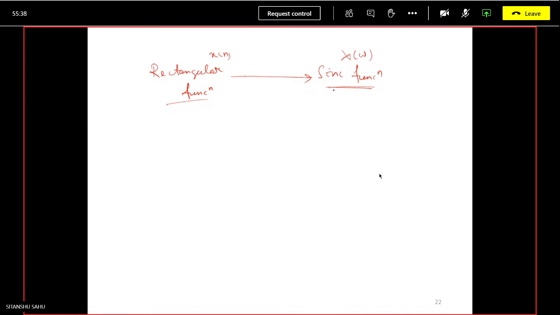And if it is a sinc function in the time domain, in the frequency domain we get a rectangular function.